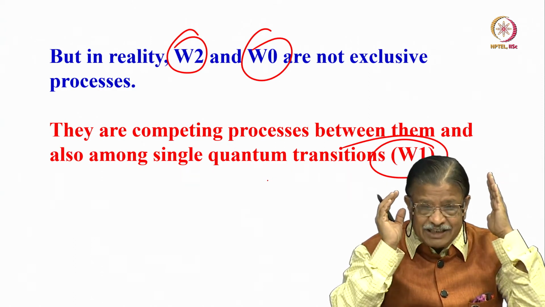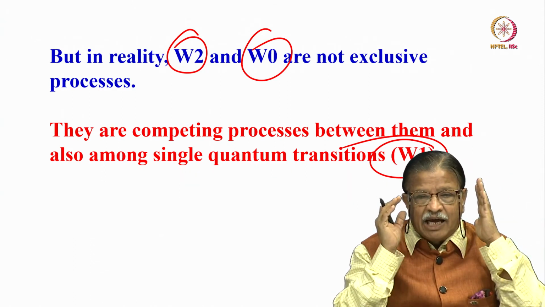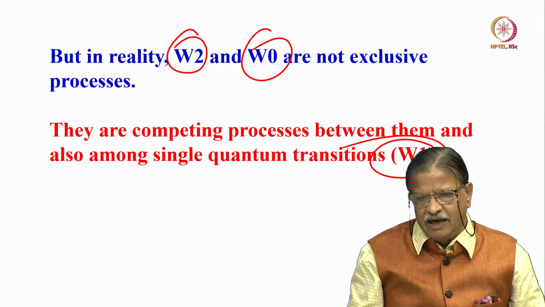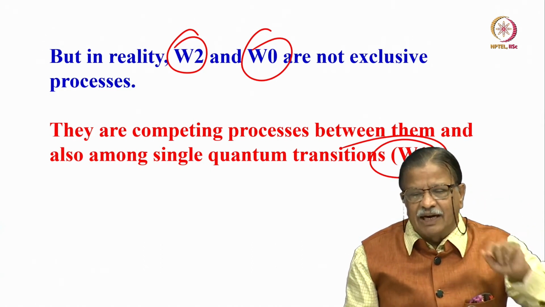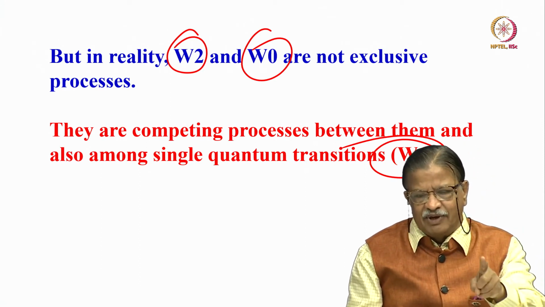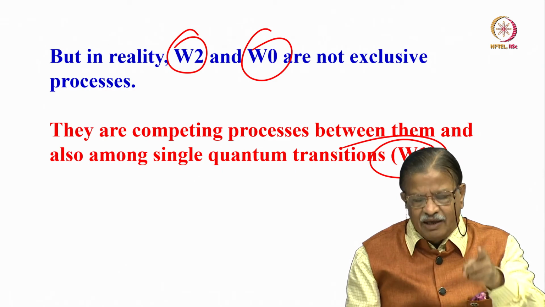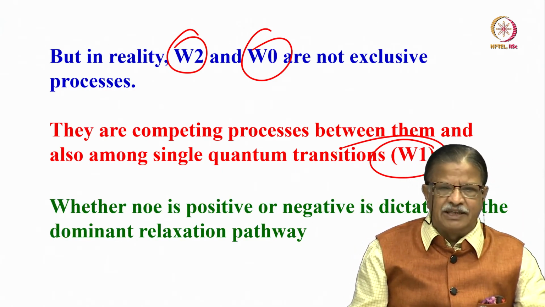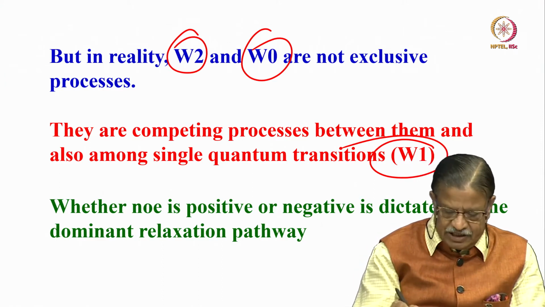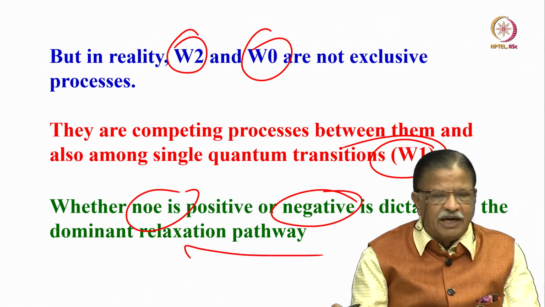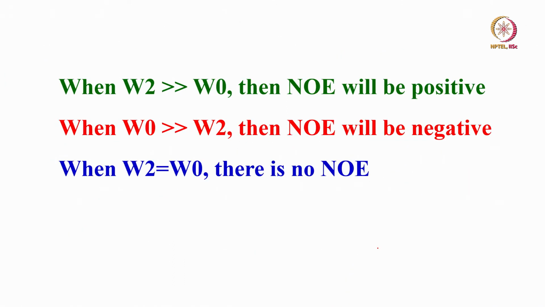All the 3 relaxation pathways can be adopted by the nuclear spins simultaneously, and which is the dominant relaxation pathway defines whether you have positive NOE, negative NOE or 0 NOE or no NOE at all. So, these are the things we have to understand. This is what you should know: NOE positive, negative or 0 is dictated by the dominant relaxation pathway.